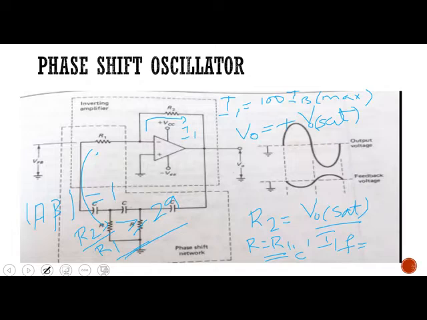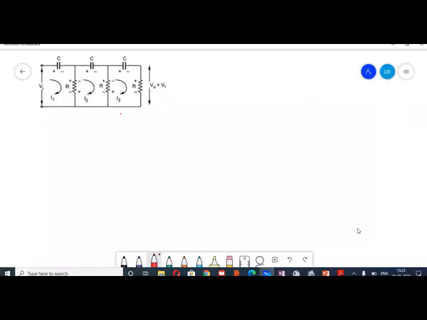Now let us see how we obtain a gain which is greater than or equal to 29. We consider the feedback network having 3 RC sections. This is the input to your network and this is the feedback. So V0 is equal to Vf.